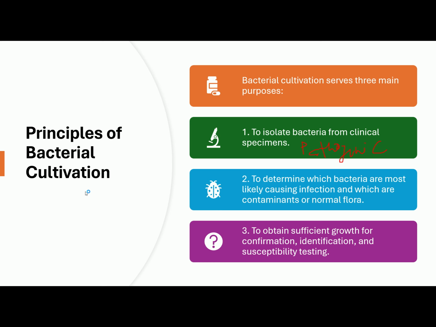Now, in our body, class, we have what we call normal flora. What is this normal flora? If you're still unaware, our normal flora are bacteria or microorganisms that normally reside in our body.